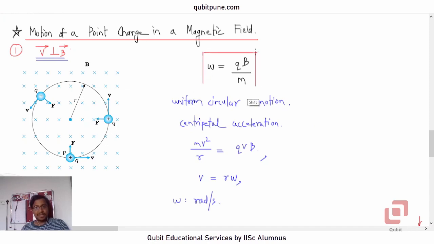Surprisingly, or rather not surprisingly, it is independent of the radius as well as the initial speed of the particle. So by knowing the angular velocity of the particle and the strength of the magnetic field, you can actually measure the charge to mass ratio of the particle.